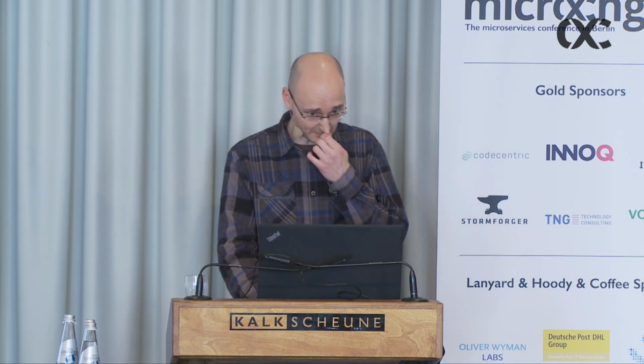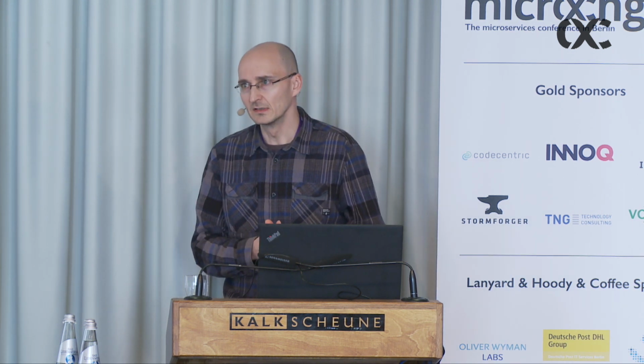So, okay, let me show you some numbers, but first, let's speak about how we should measure memory. You certainly know heap size and metaspace and things like that are useful in Java.